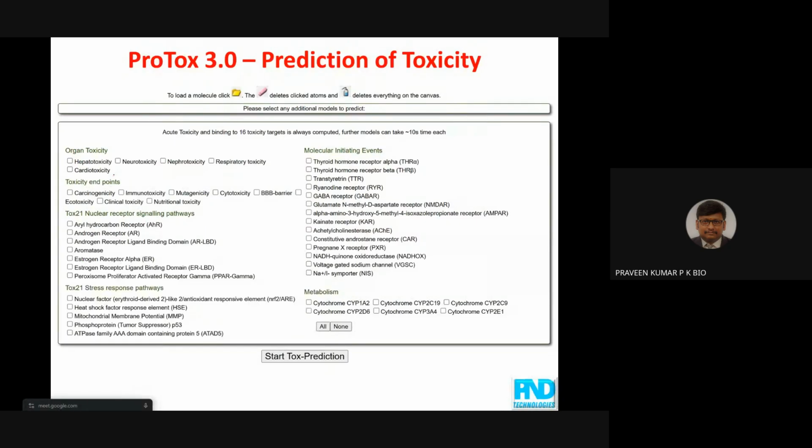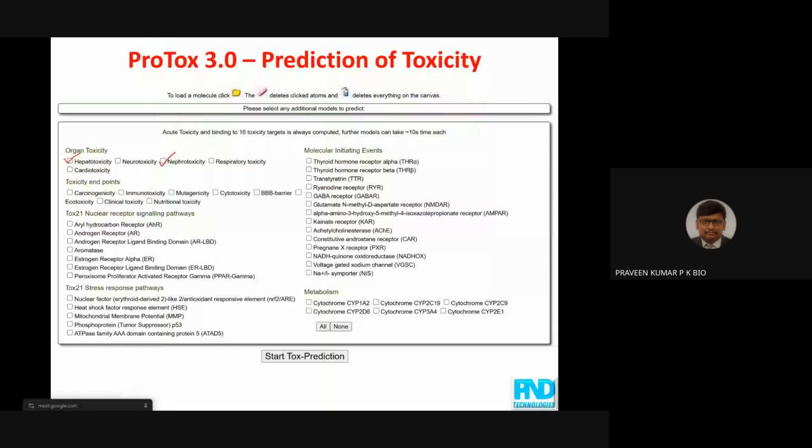If you click this and feed the SMILES format, we can get these kinds of properties to be selected. For example, in my research, I am focusing on hepatocellular carcinoma, and I'm using heat shock proteins as the primary target. So in that case, first we have to check whether it is hepatotoxic or not. Definitely, whatever drugs we check for hepatotoxicity, we must check for nephrotoxicity because excess drug has to be eliminated through the kidney. If the kidney takes much of the drug, it can also harm the kidneys.